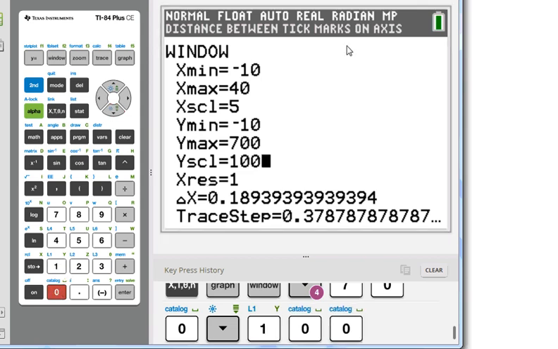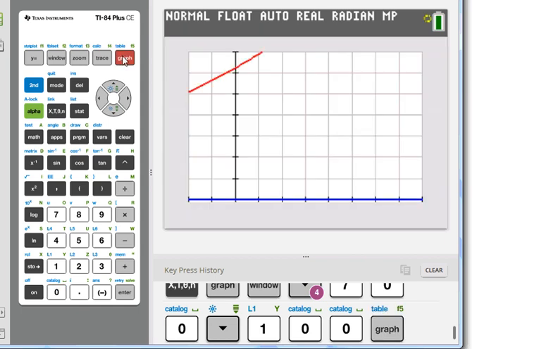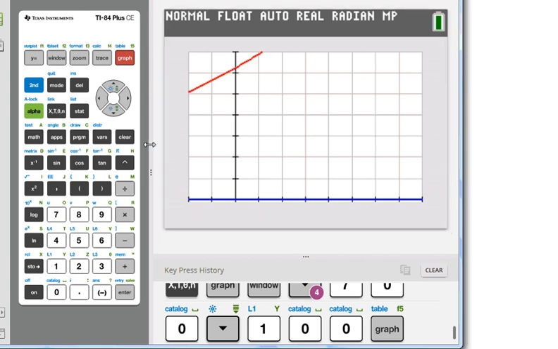When you have a line grid, you need to be careful about your y scale and x scale, otherwise the graph will get really cluttered. So let's see what we have here. We still don't see anything. It looks like our intersection point is going to be to the left of the y-axis.